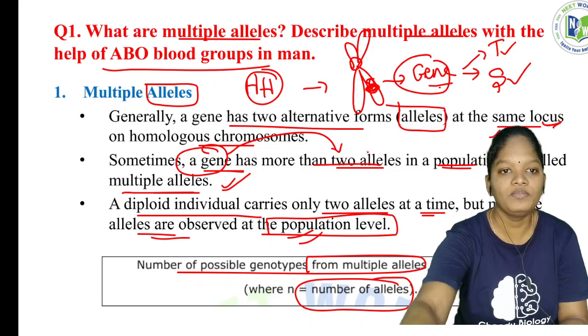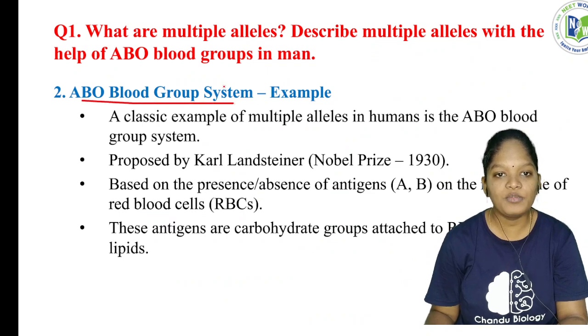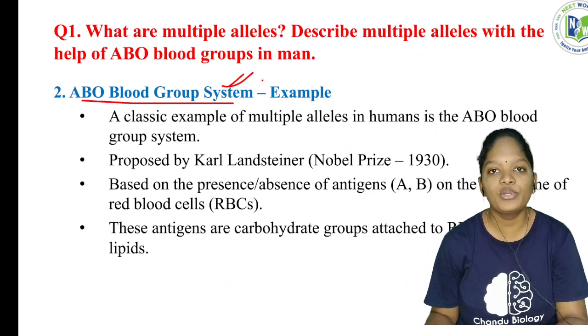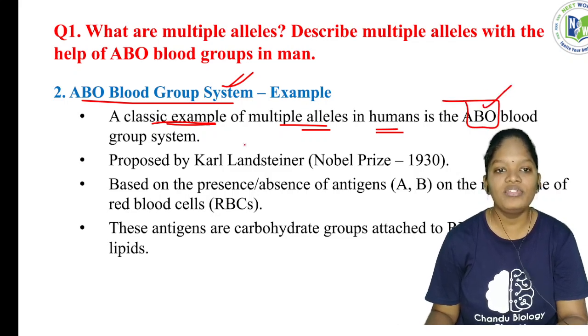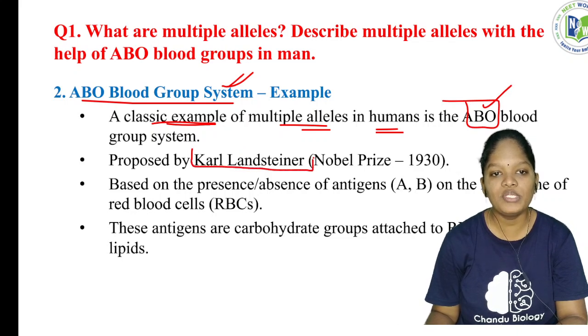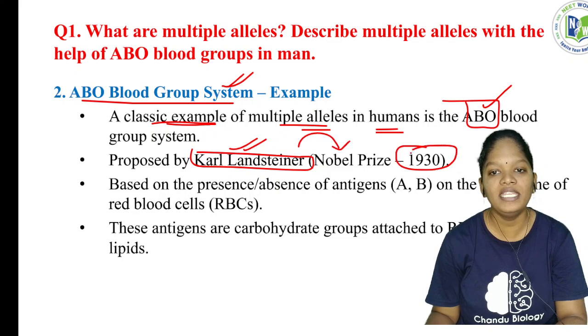Now we have to explain multiple alleles with the help of the ABO blood group system. The classical example of multiple alleles in humans is the ABO blood grouping system. Why is that so? It was first proposed by Karl Landsteiner, who won a Nobel Prize in 1930.